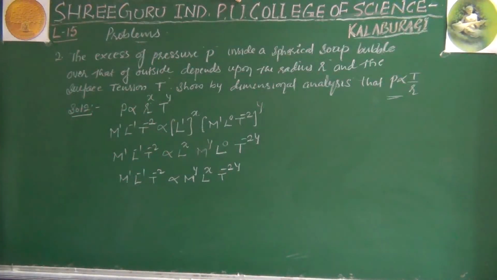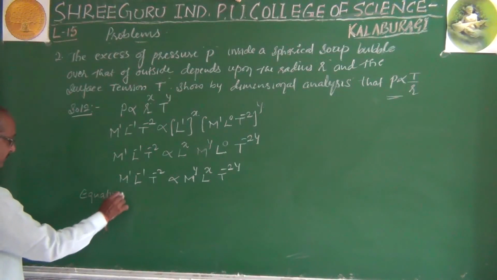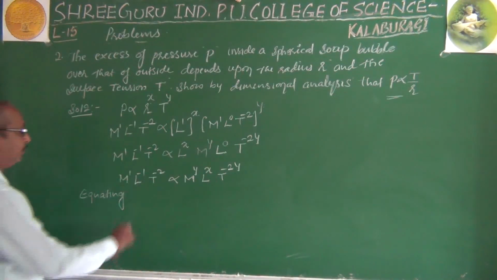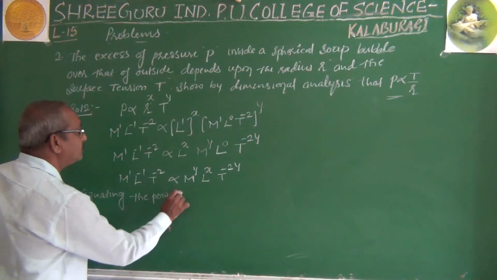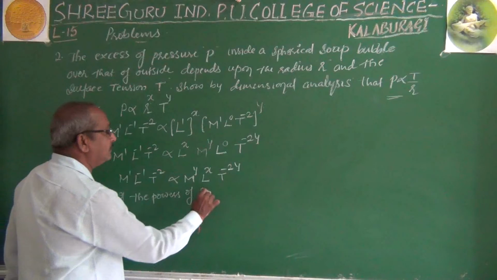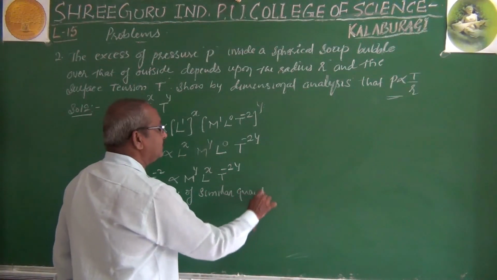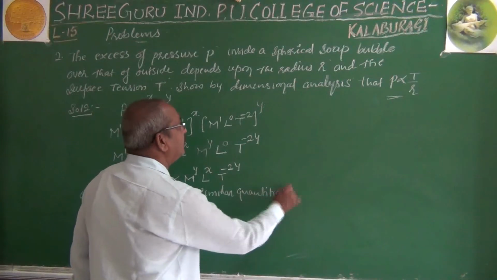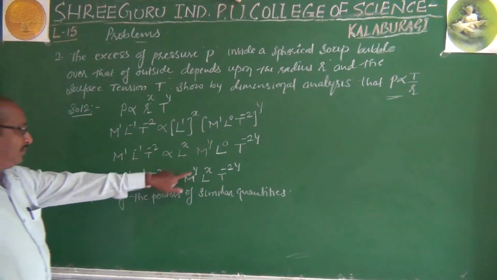Now we have to find the values of x and y, again by equating the powers of similar quantities. Similar quantities, powers we have to equate. Here M raised to 1, here M raised to y.